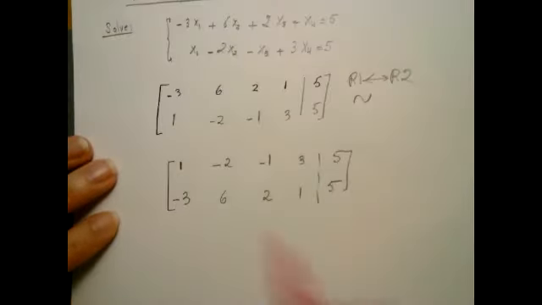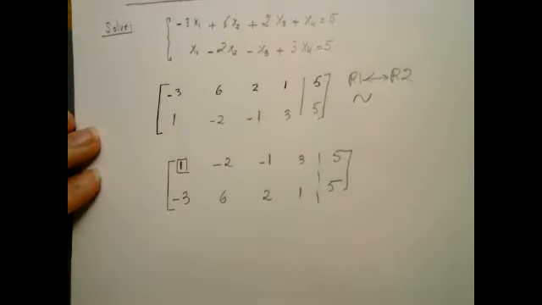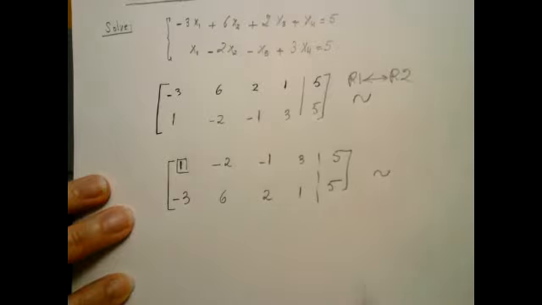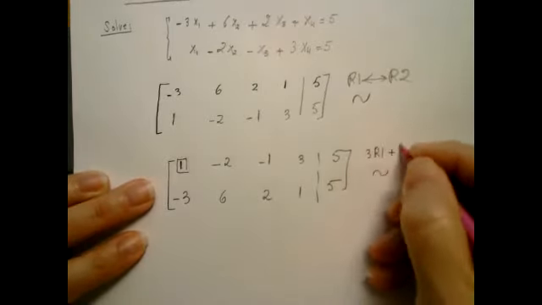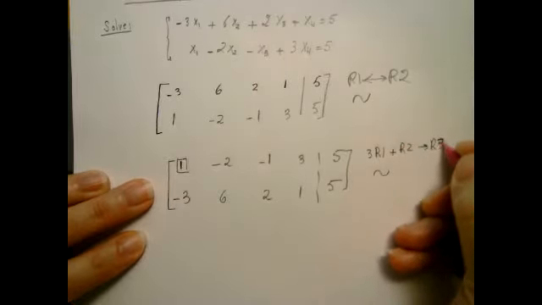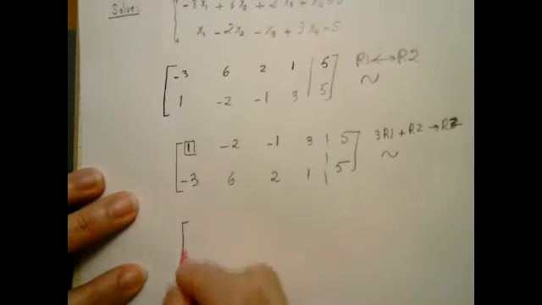Okay, now what's the benefit of doing that? This is my leading entry. So instead of having to deal with fractions, I don't really have to do that. So now I take the first row, times it by 3, add it to the second, and this should give me my new second row. Let's realize there is no fraction in the picture anymore.